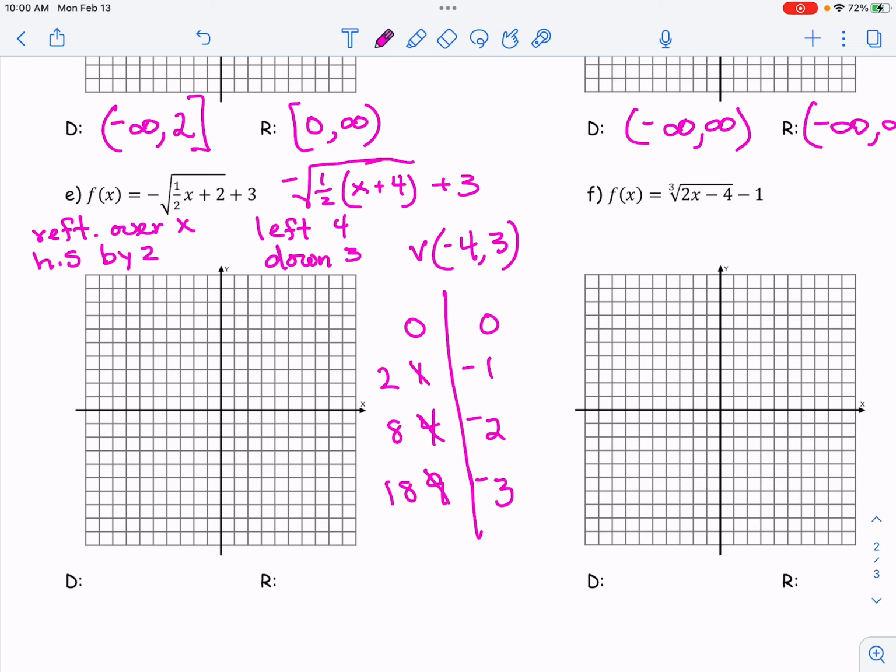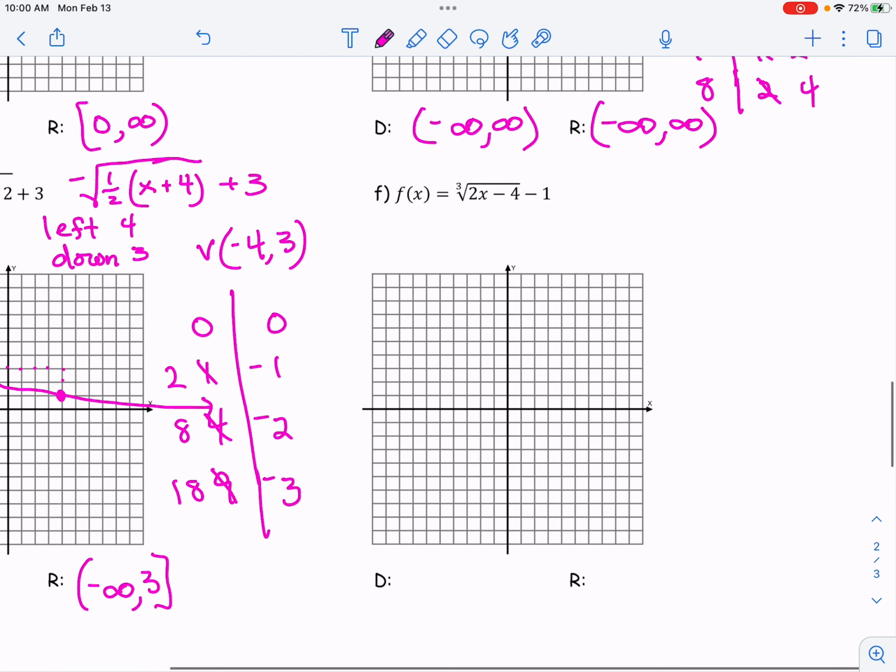So my vertex is -4, 3. I have to go right 2, down 1, right 8, and down 2, right 18, so it's going to be way off the chart. It should look like this. My domain starts at -4 and goes to infinity. My range is -infinity to 3.